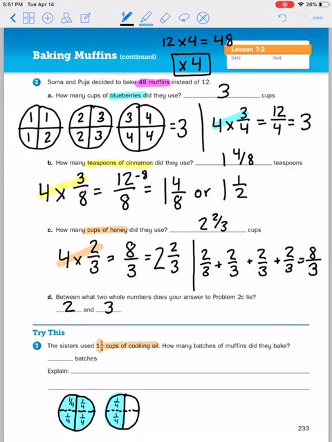And I highlighted how many cups of cooking oil they used all together. So if every batch needs 1/4, how many 1/4 did I color in? And if I counted 1, 2, 3, 4, 5, 6. They used 1 1/2 cups of cooking oil in 6 batches of muffins.